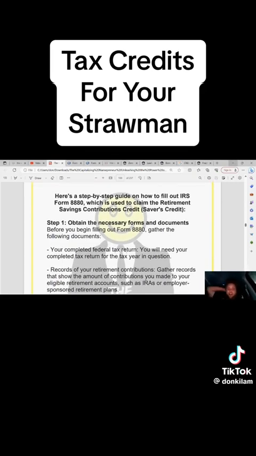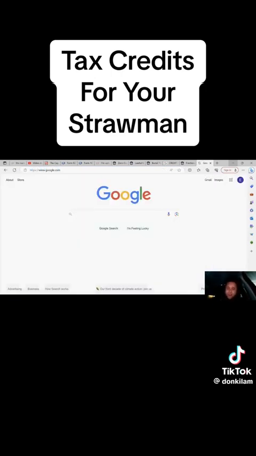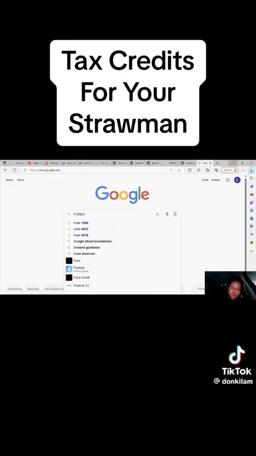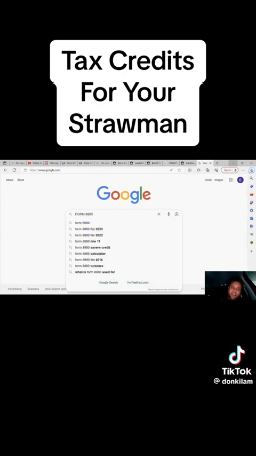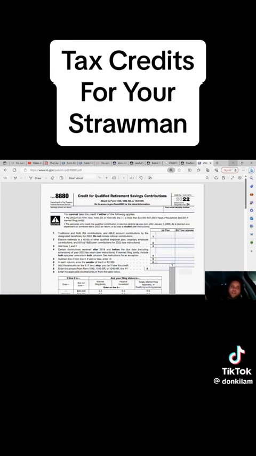Now, when it comes to claiming your retirement savings, your contribution credits, you're going to want to get a Form 8880. If you don't know what you're doing, get you a tax expert. Get your bookkeeper. Tell them to fill it out for you. So this is how you claim this. You know them Roth IRAs, stuff like that.